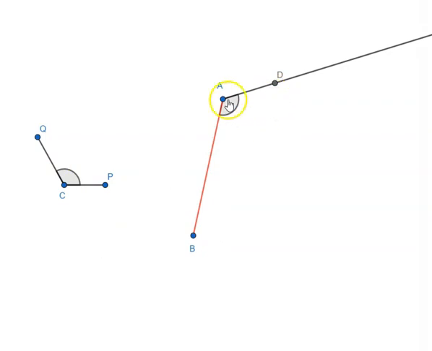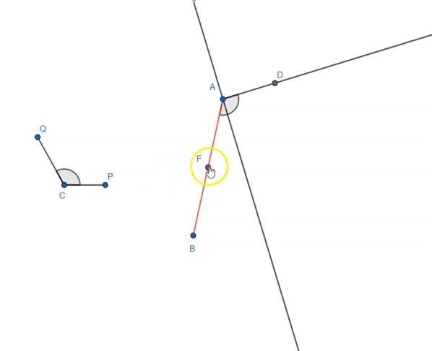Now let's draw a line perpendicular to this line at A, perpendicular to AD. Now let's bisect AB, or in other words, let's mark the midpoint of AB. I'm directly marking it.